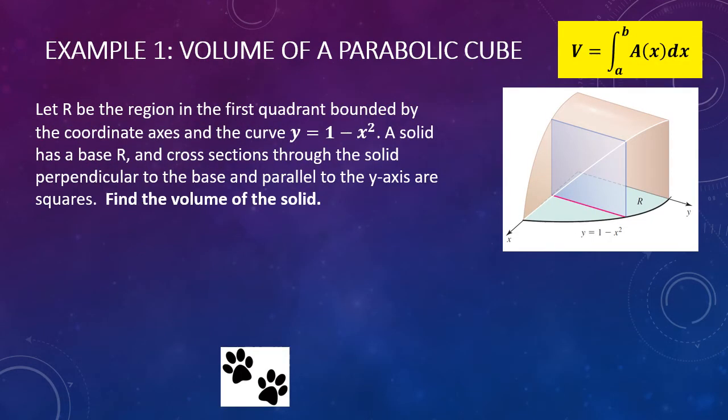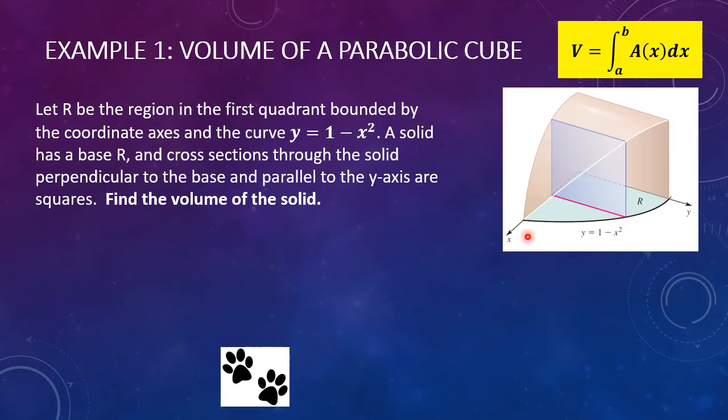So let's look at our first problem. You might want to pause here. I understand this is the first problem, and you might want to just watch what happens, because it does get a little bit confusing with some of these shapes that aren't familiar to us. Let R be the region in the first quadrant bounded by the coordinate axes, x and y, and the curve y equals 1 minus x squared.